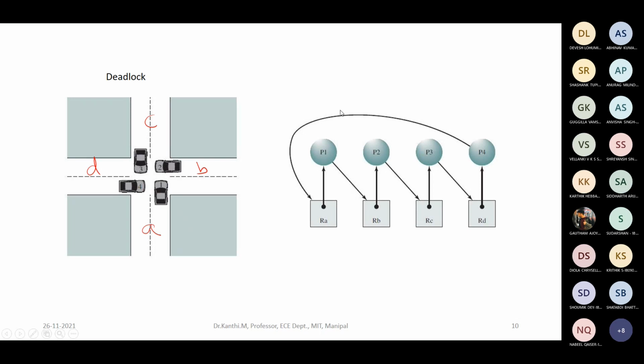So in such a case, what happens is, process P2 is holding B, and P3 is holding C, and P4 is holding D. Okay.